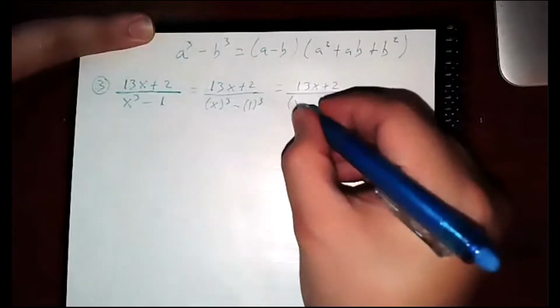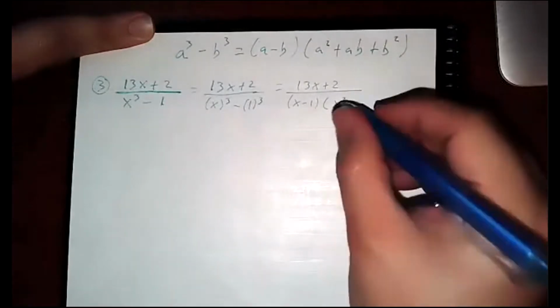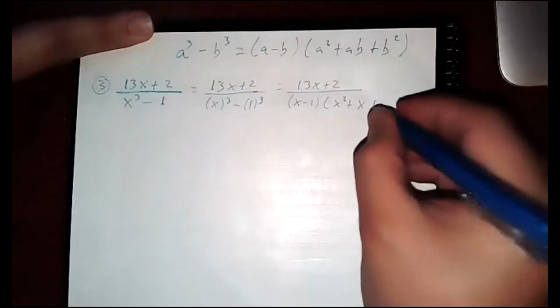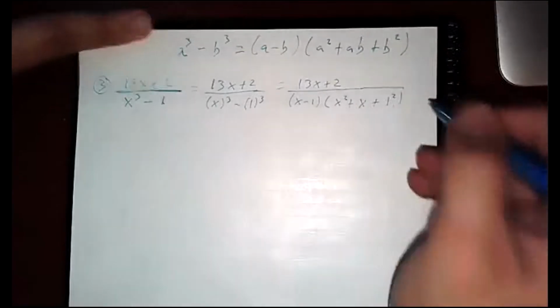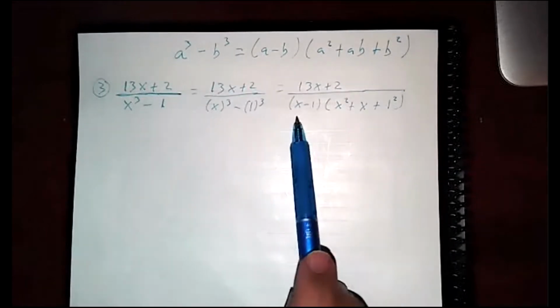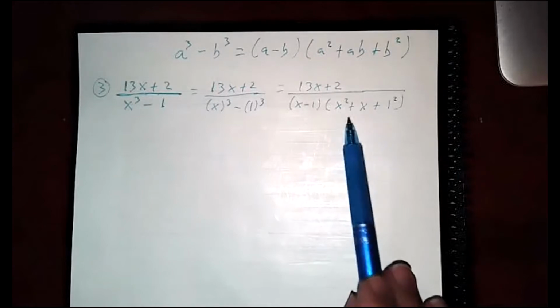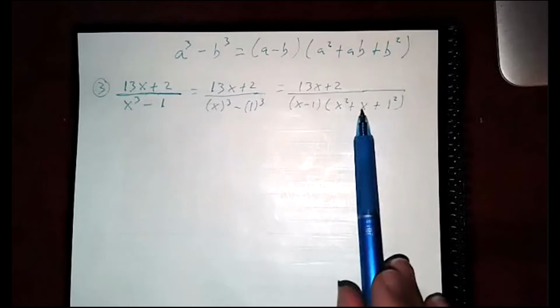So you get x minus 1 times x squared plus ab, which is 1 and x, so x, plus b squared, which is 1 squared, which is just a 1, right? So apply the difference of cubes, and then you begin the process, right? So these two are distinct, but this guy is quadratic and cannot be factored further. So you're going to have an ax plus b kind of situation, right?